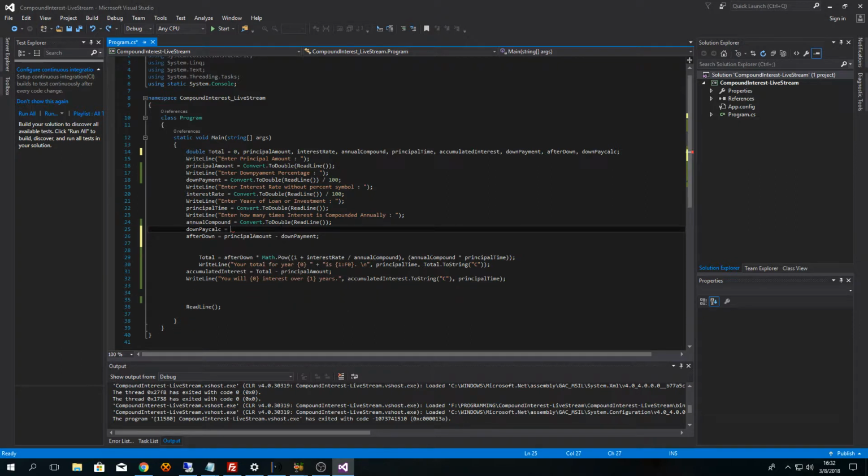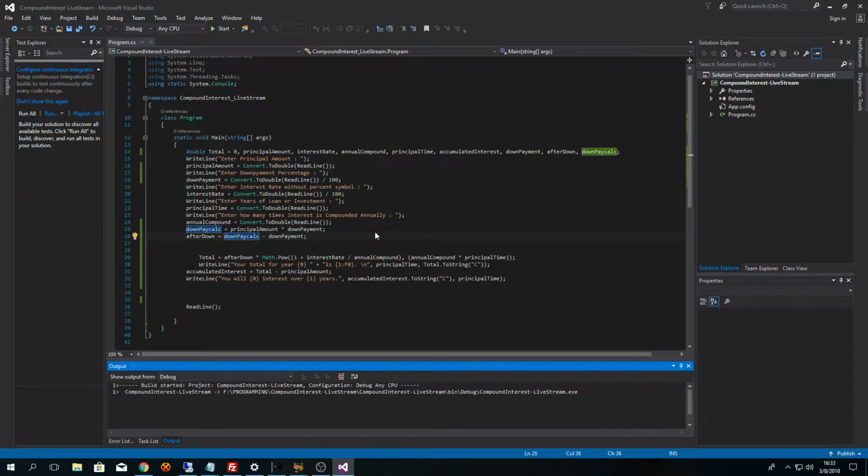So that's why it's important to hit the tab button. Principal amount times down payment. And then instead of principal amount minus down payment, because down payment is going to be like 0.20 anyway, that makes no difference. That's why we were having an issue. So we'll do downPayCalc minus down payment. Now we should get a better answer.